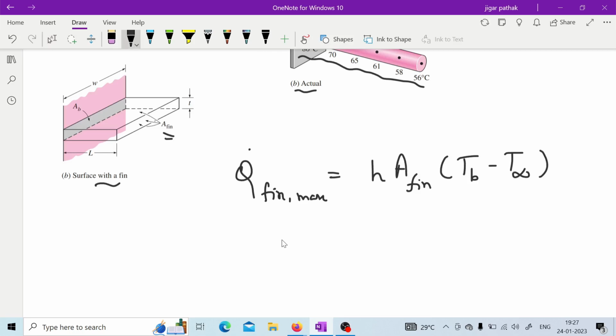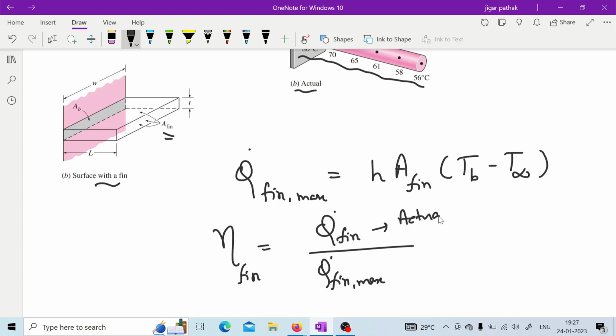Then you can define efficiency of fin as the actual heat transfer through the fin upon the maximum heat transfer through the fin. This is the actual heat transfer, and this is the maximum heat transfer when we consider that the whole fin is at base temperature. So this is how efficiency of fin is defined.